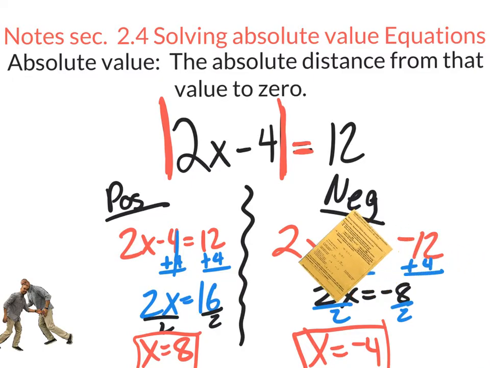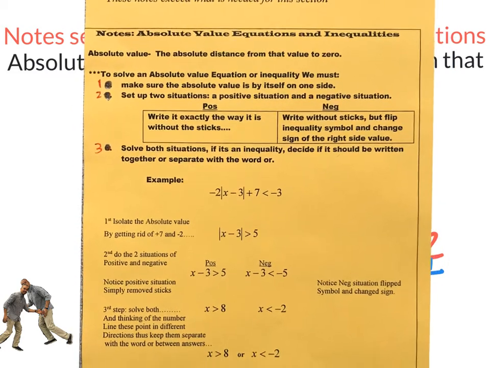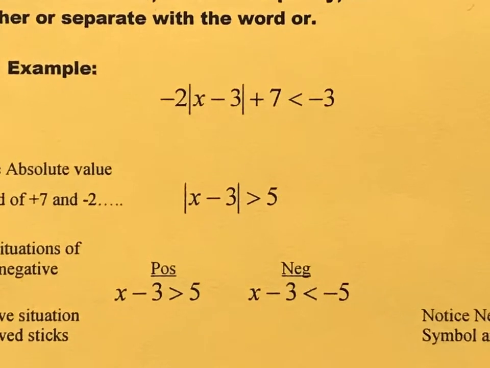So I just handed out these notes, and it might have a typo with regards to the steps. Now, don't freak out, all right? This is actually notes from my Algebra 2 class last year. But I want to give you these notes right now to solve any absolute value equation or inequality. Step 1 is to make sure that the absolute value is by itself on one side. So if you look at this example right here, the absolute value is on the left side of the inequality.